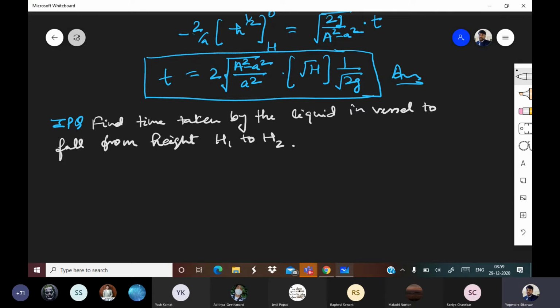In the second case, the height of liquid was given and the area part, because the most crucial part was area, the area of both the places of the tank was given. At the above point it was capital A and at the below point it was small a. So as area was given, we need to take that into account. Have you got the answer to your question? Yes.